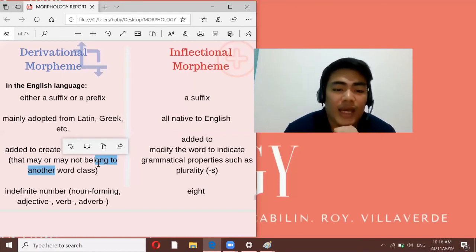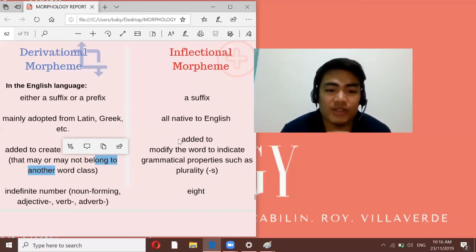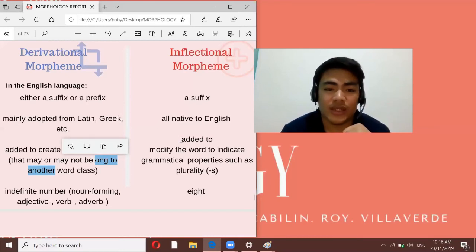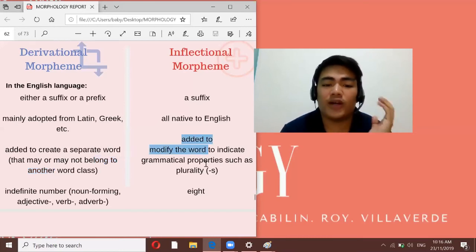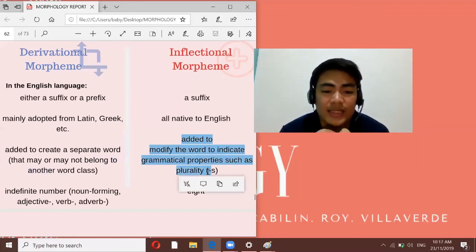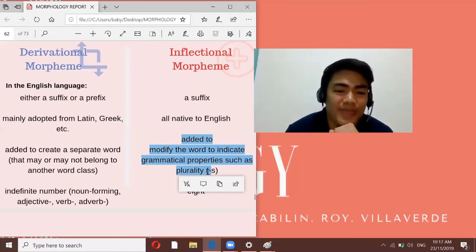All right. So how is this different from inflectional morphemes? Like I said earlier in the beginning of this presentation, inflectional morphemes are only added for the sake of grammaticality. Earlier I explained how the inflection s can pluralize certain words such as cars, trees, and chairs.